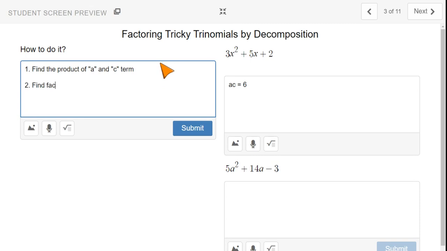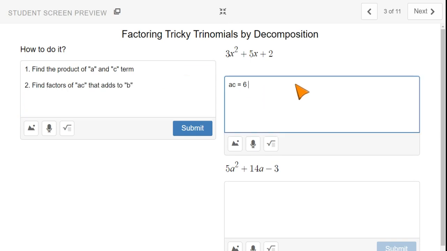Second, we're going to find factors of AC that add to B. So in this case, B is equal to 5, and factors of 6 that can add to 5 would be 2 plus 3.